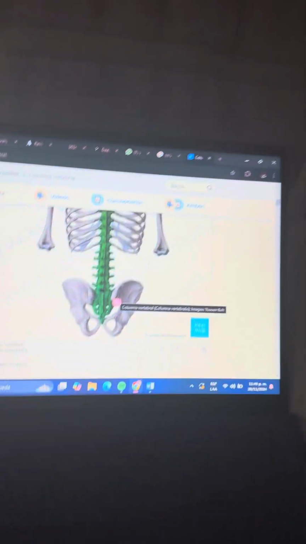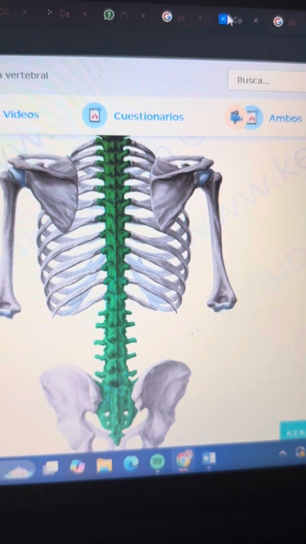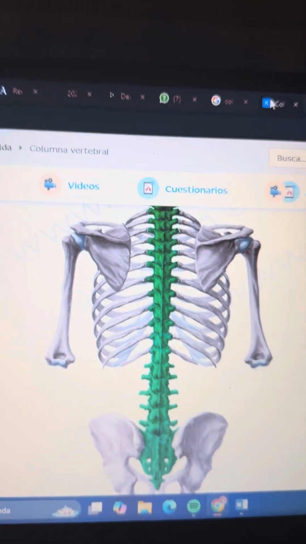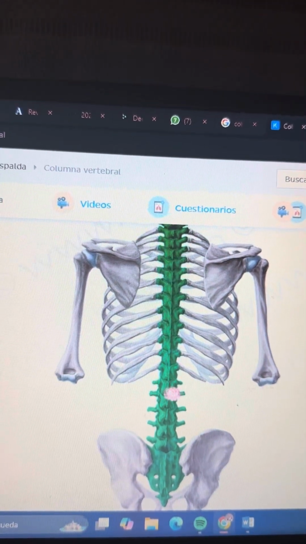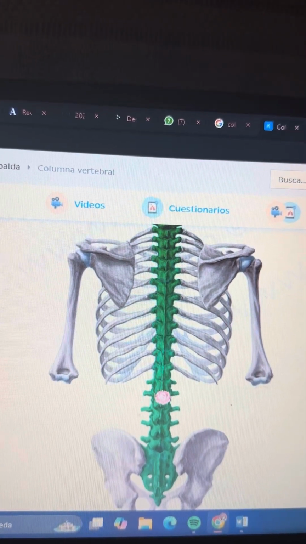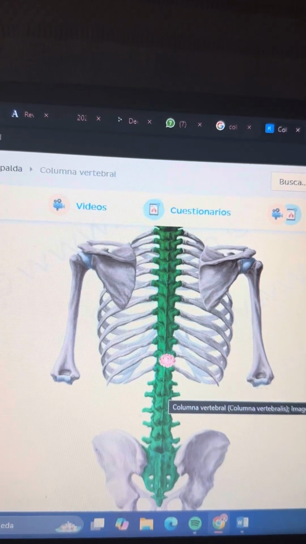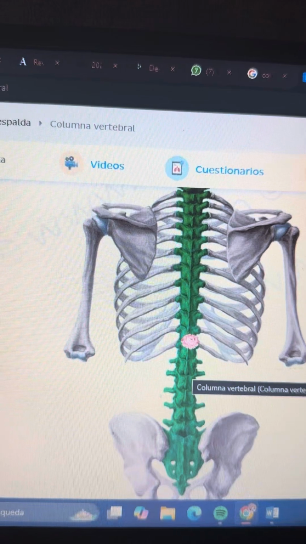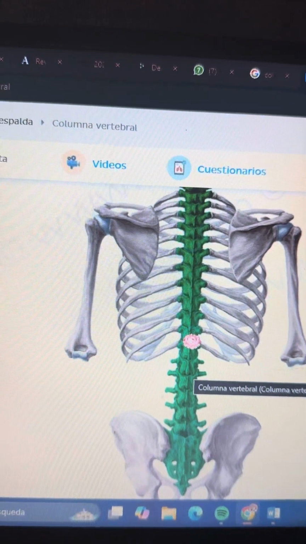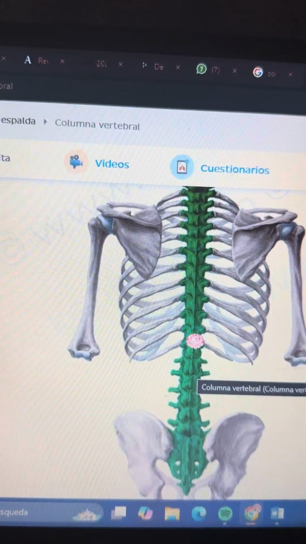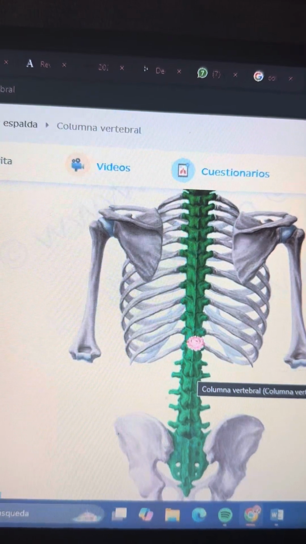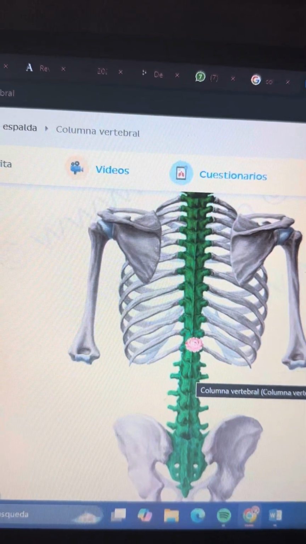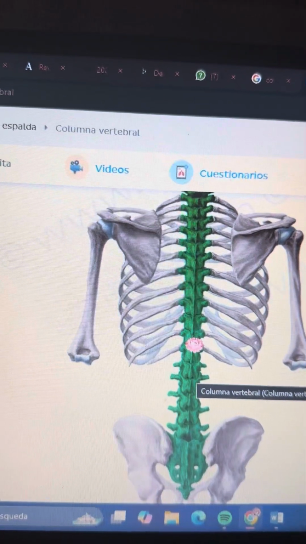The spine also has intervertebral discs between the vertebrae. The vertebrae are numbered as follows.